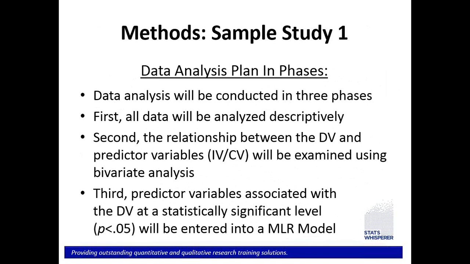Second, the relationship between the dependent variable and predictors, the independent and covariate variables, will be examined using bivariate analysis. So that's step 5. And then step 6 is here. Third, predictor variables associated with the dependent variable at a statistically significant level will be entered in the multiple linear regression model, right?